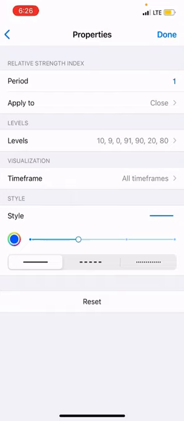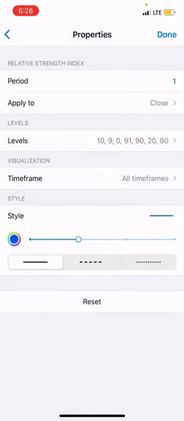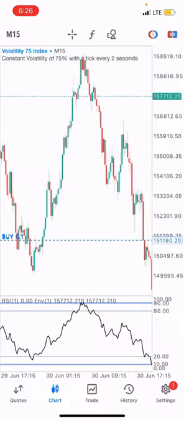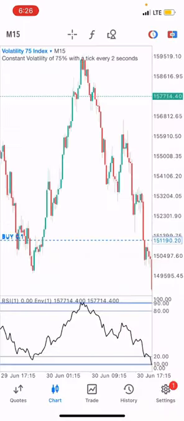Then for the levels, we have level 10, level 9, level 0, and then level 91, 90, 20, and 80. You give it any color of your choice. You can select any type of line you want, either broken or dotted, but I prefer using the normal line. After doing that, you click on done. Then you click on done again. That is for the RSI. That's for the RSI 1.